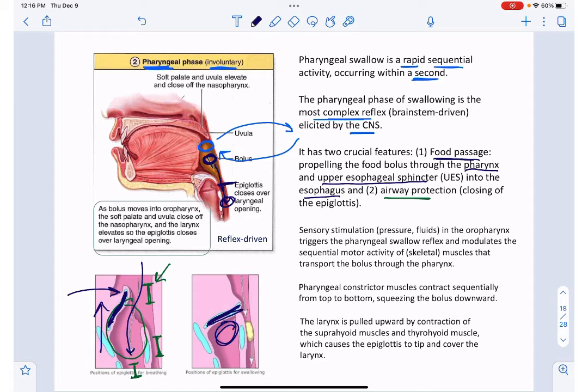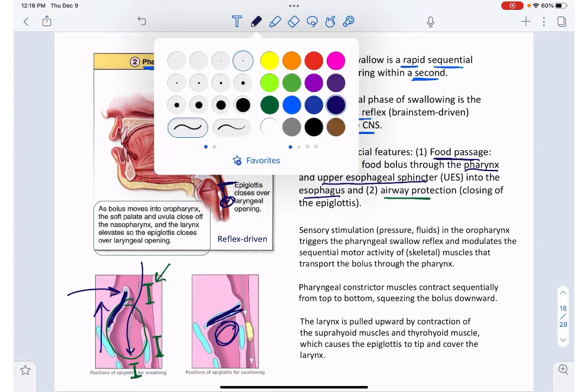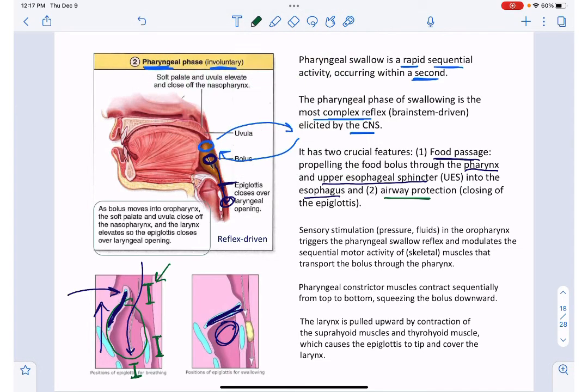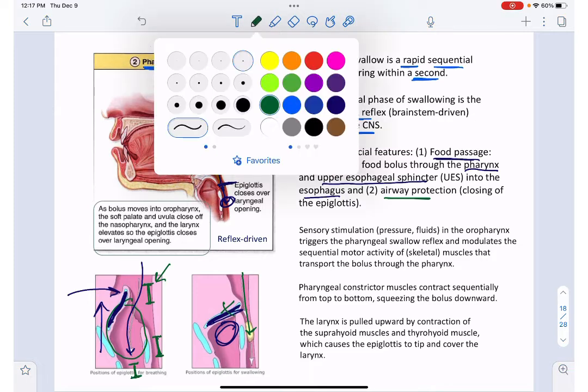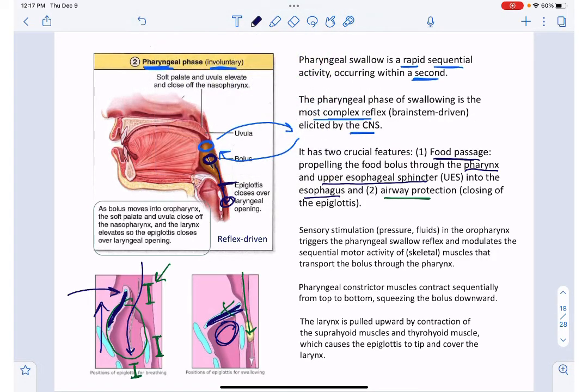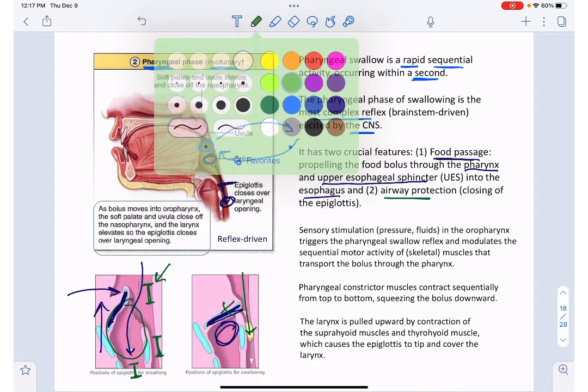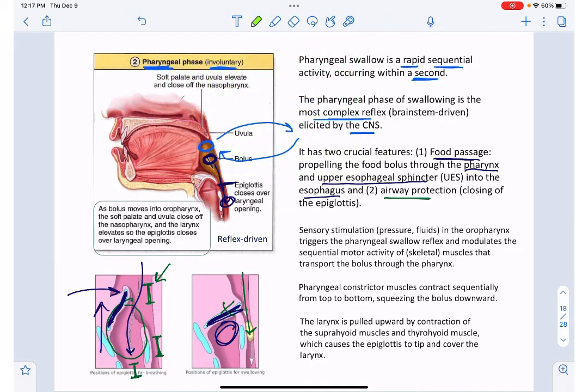And so that means that food is going to go from the laryngopharynx down into the esophagus, and it prevents it from going into the larynx and the trachea. And so that's, let's use this here, that's the epiglottis that gets tipped down.